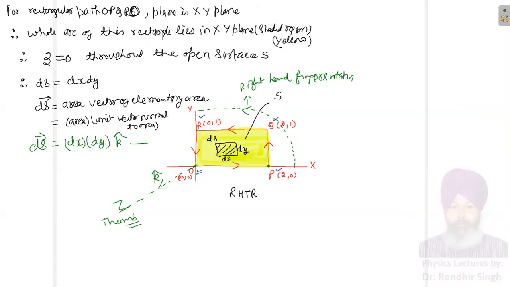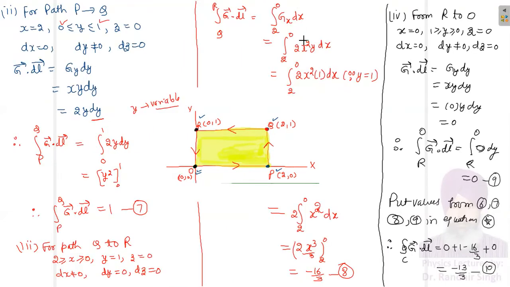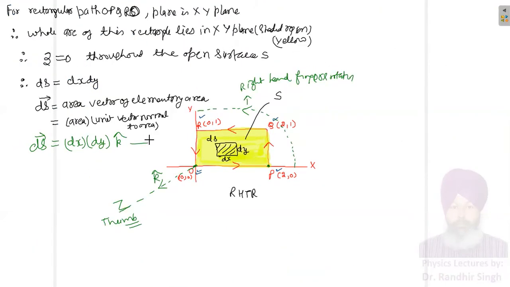Now let me see what is the equation number that I have given so far. I have given up to equation number 10, so this is equation number 11. So we know that G vector is equal to 2x square y i cap plus xy j cap plus y square z square k cap.